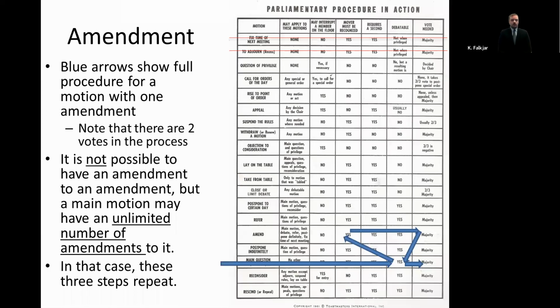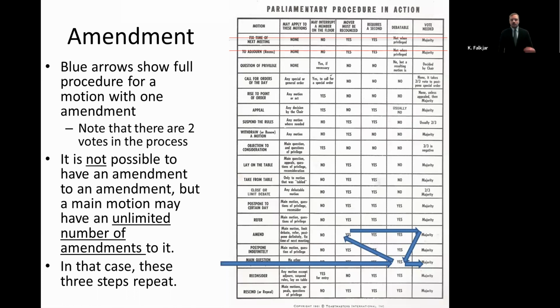Note that you cannot amend an amendment, but each amendment can be voted on, and a motion may have an unlimited number of amendments made to it. Then ultimately, once all debate has concluded and all amendments have been voted on first, the main motion is finally voted on.